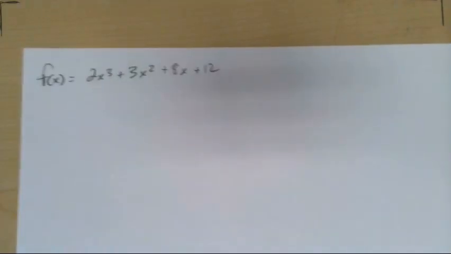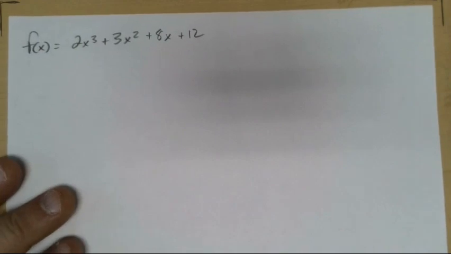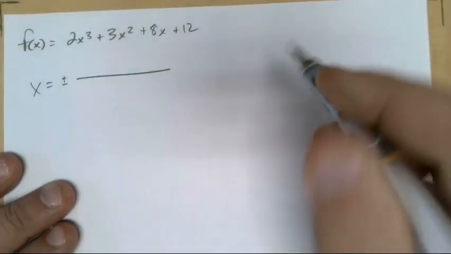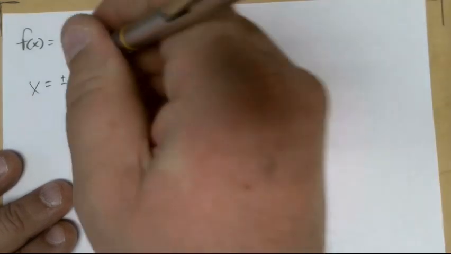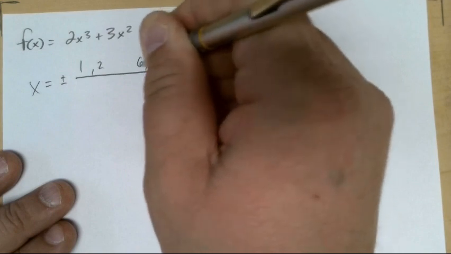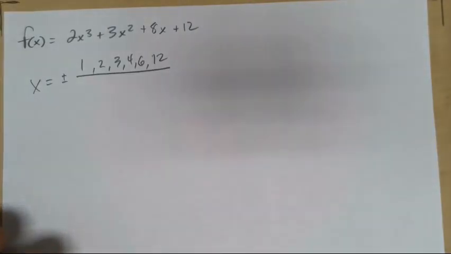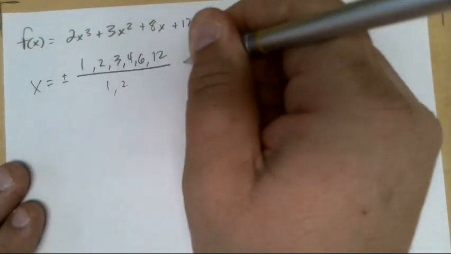Okay, so first thing, I got to list all my rationals. The rational zeros are going to be positive and negative factors of this 12. Well, factors of 12 are 1 and 12, 2 and 6, 3 and 4, and I think that's it. All over factors of 2, which are 1 and 2.